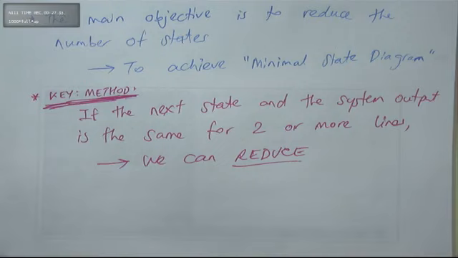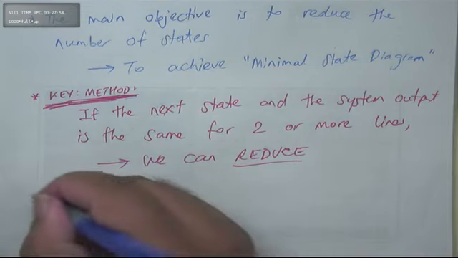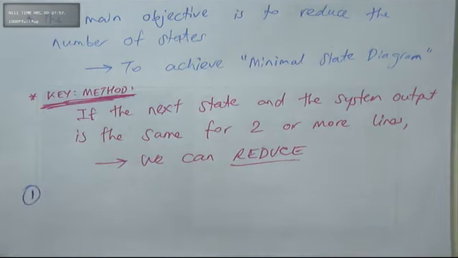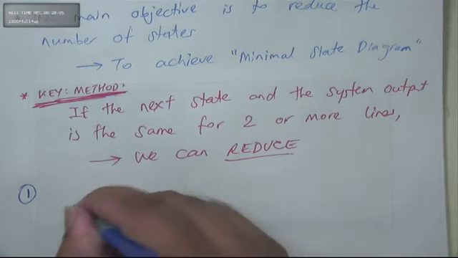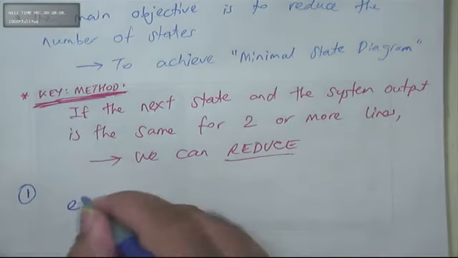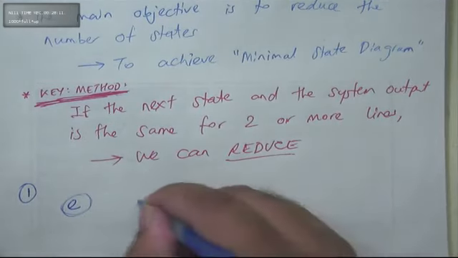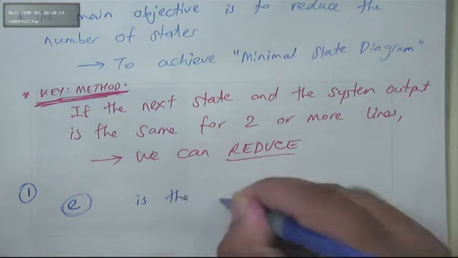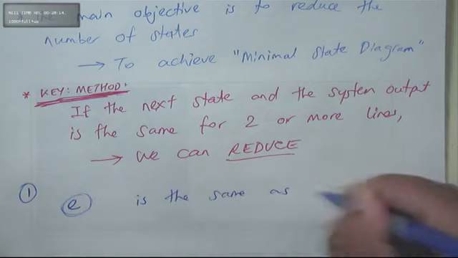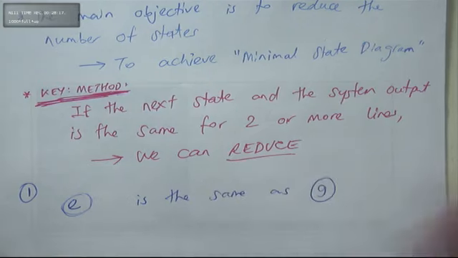I'll show you. Let's do the problem now. All right. Now, number 1. I hope you've got the state diagram and the state table in front of you. Let's look at E. Put it in a circle. E is the same as G. How?